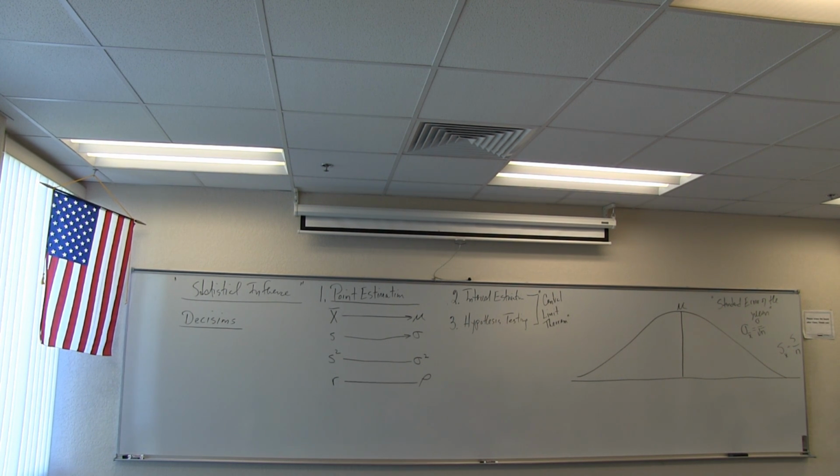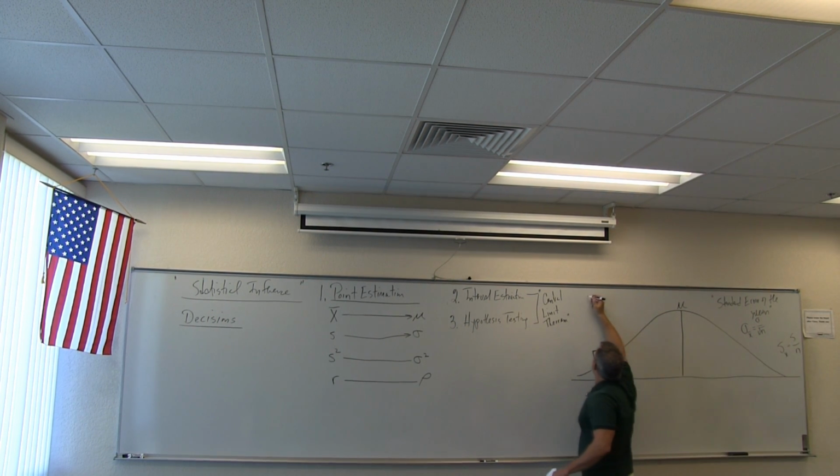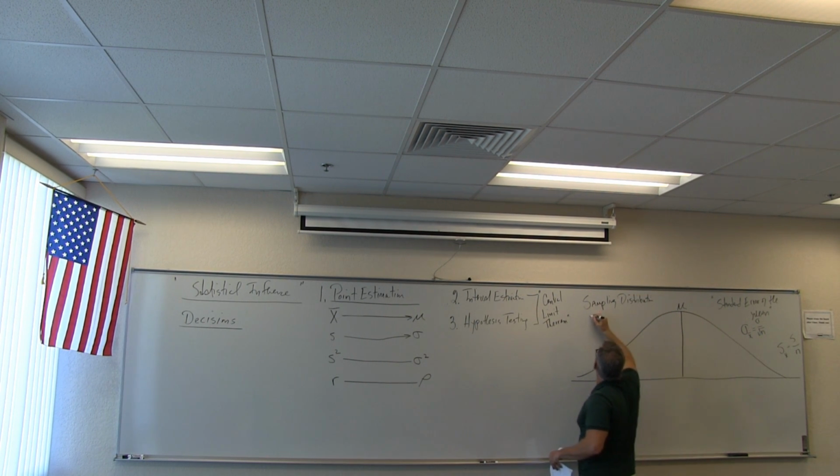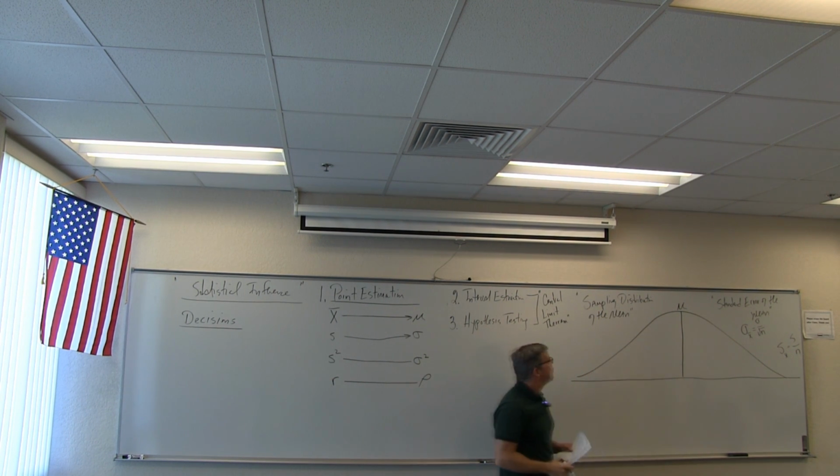Now, chapter 7 is all about this. What I've just described to you, based on this central limit theorem, is what we refer to as the sampling distribution of the mean.